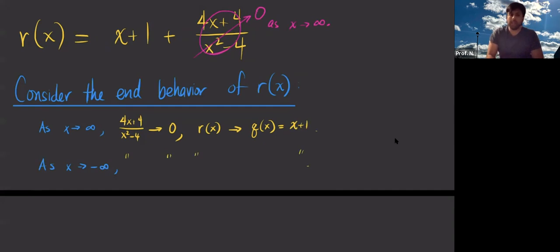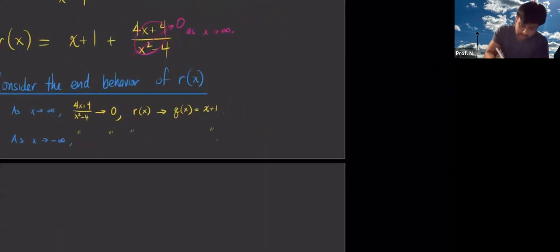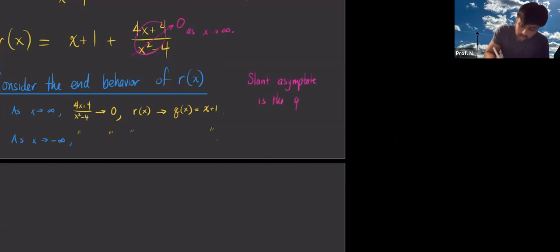So do you see that the end behavior of r of x in this case produces the slant asymptote, and the slant asymptote is simply the quotient. So the slant asymptote is the quotient after polynomial long division.